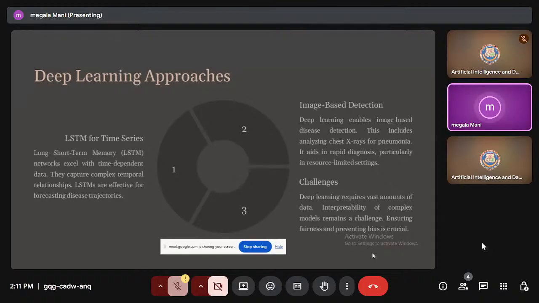Then the challenges for deep learning approaches: interpretability of complex models remains a challenge. You have to ensure fairness, and preventing bias is crucial.